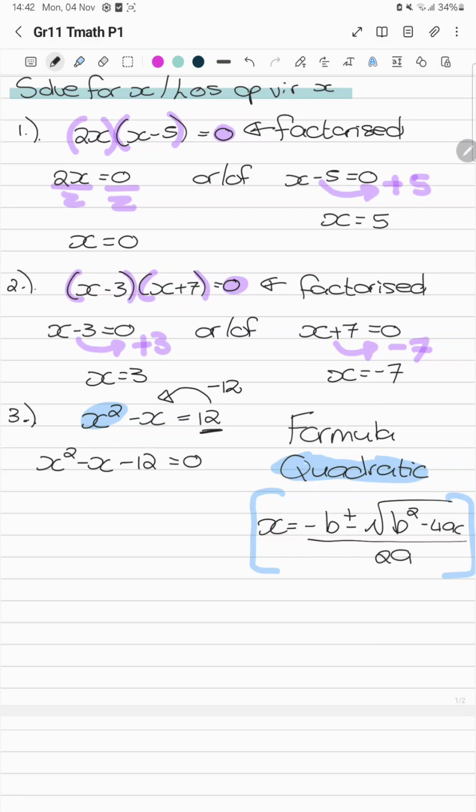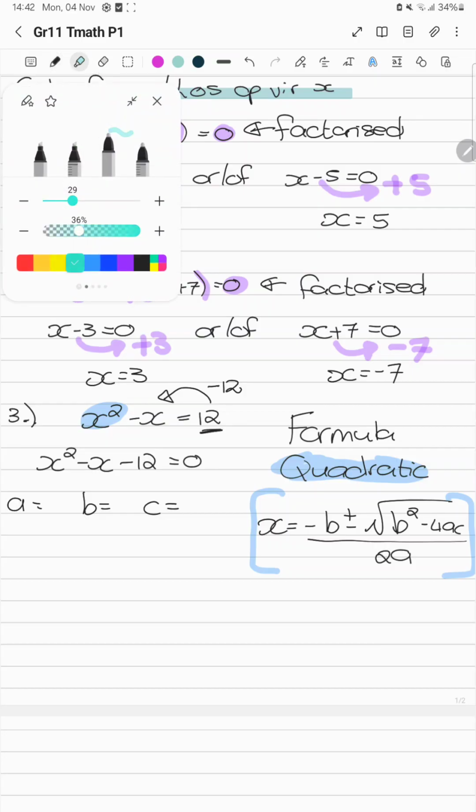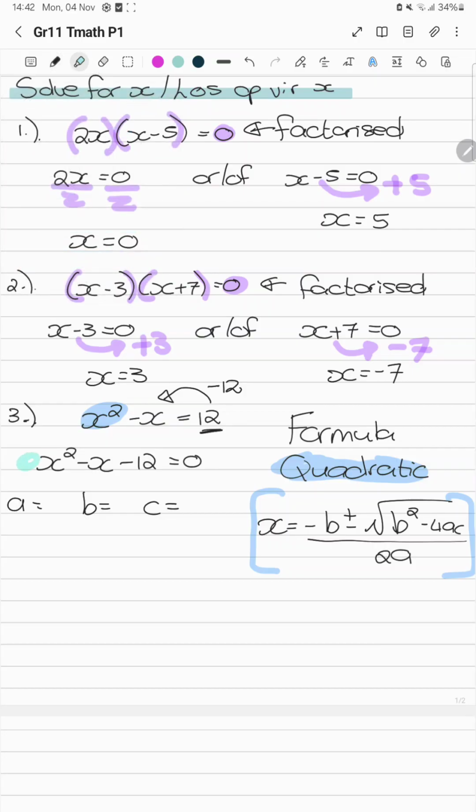If you know how to factorize, you can factorize it using trinomials, or you can use your formula. So what is my a value, my b value, and my c value? Remember, your a is always what is in front of your x squared. In front of my x squared I have nothing, which means there's an imaginary 1. In front of my x is my b, which is negative 1.